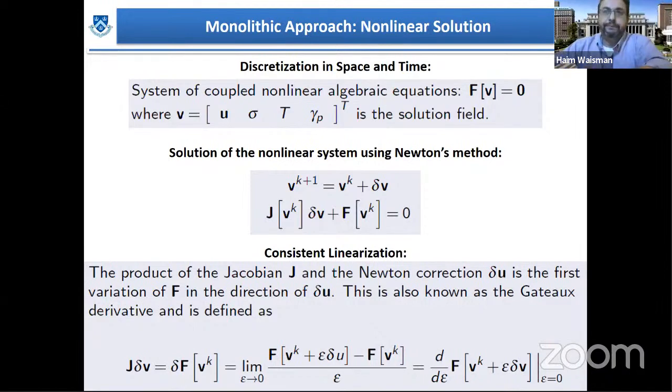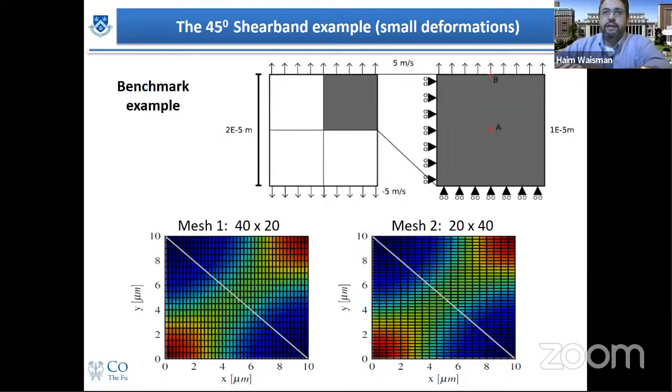So just to show you that this model works, if I take a standard benchmark problem of a plate under different rates in tension, in this case just one rate under tension, and I'm only considering the upper right corner.